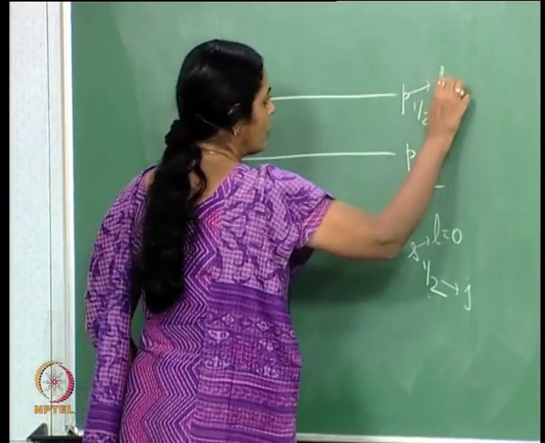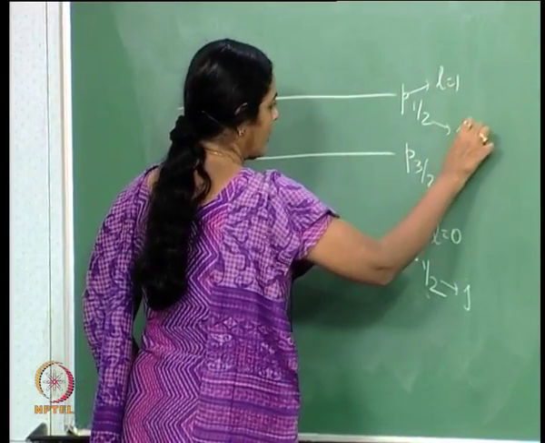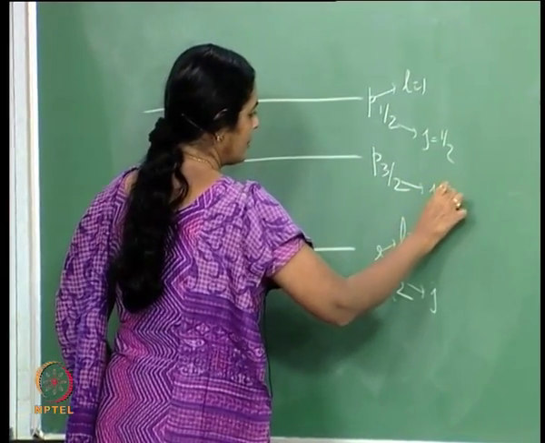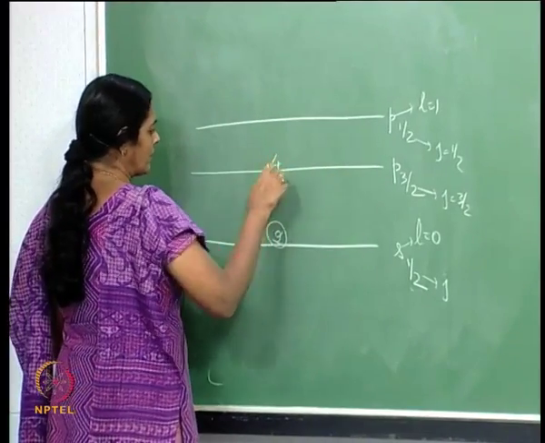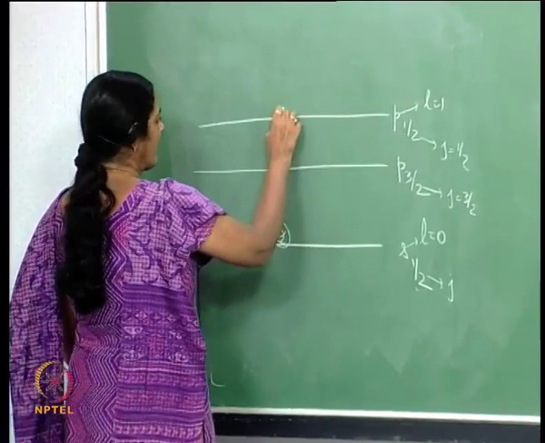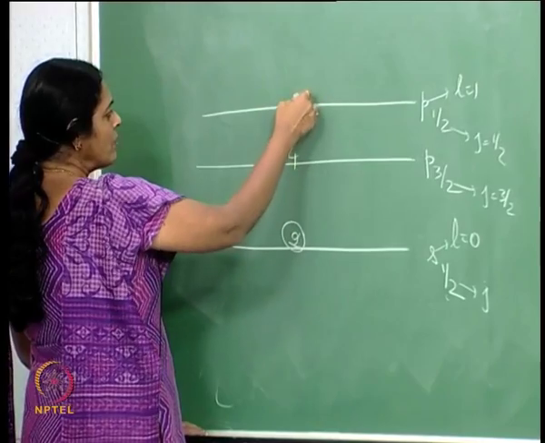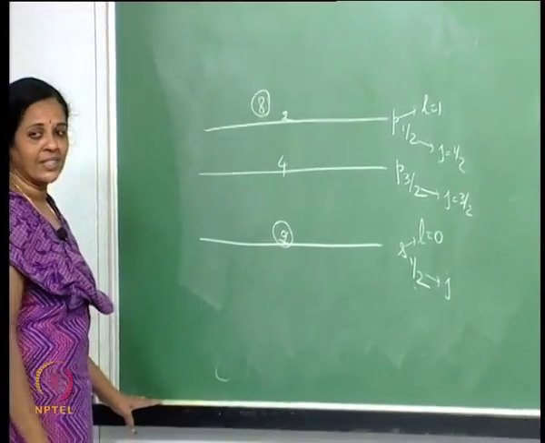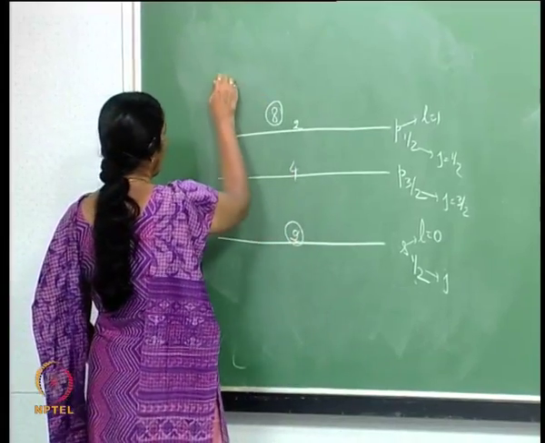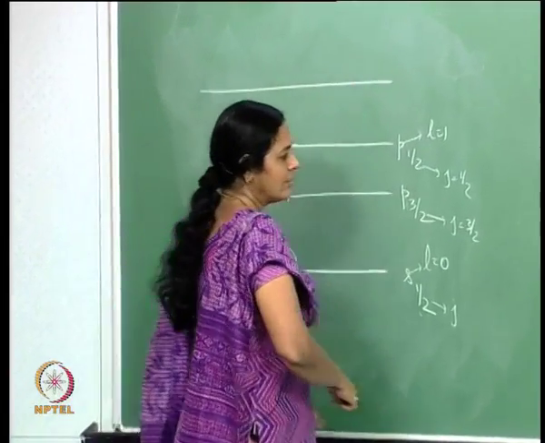P means L is equal to 1 and this is the value of J. This level can have 2J plus 1 particles, which means 4, and this level can have 2 particles. So, that gives me a total of 8 particles. So, the magic number 8 has been explained.